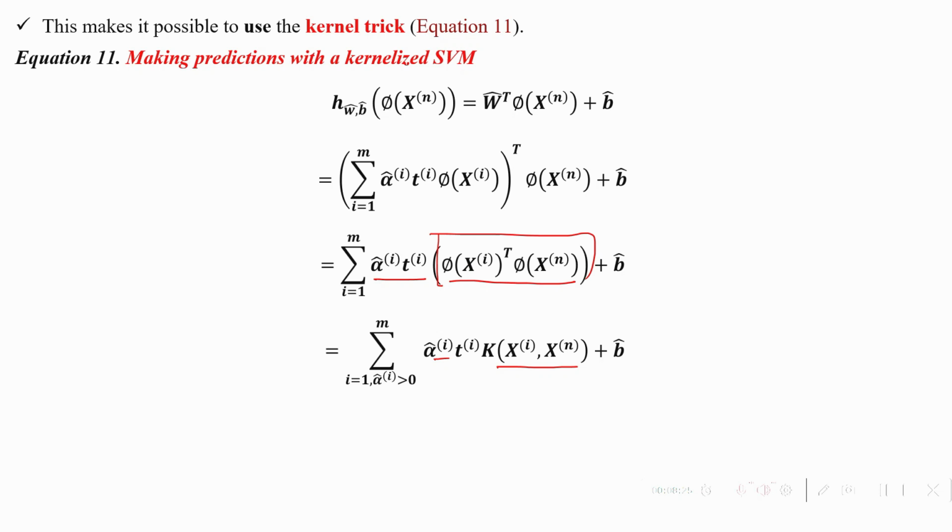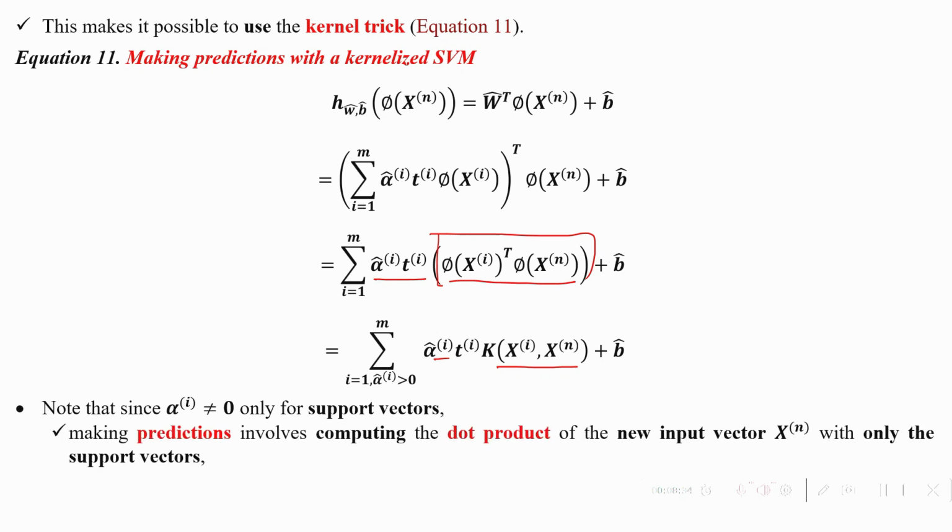Now notice that since alpha^(i) is not equal to 0 only for the support vectors, making the predictions involves computing the dot product of the new input vector x^(n) with only the support vectors, not all the training instances.